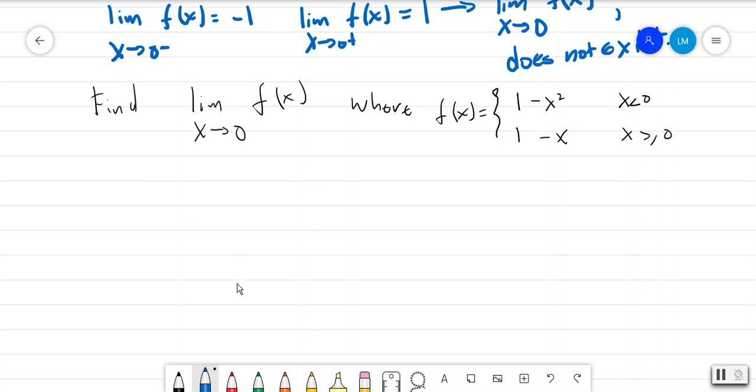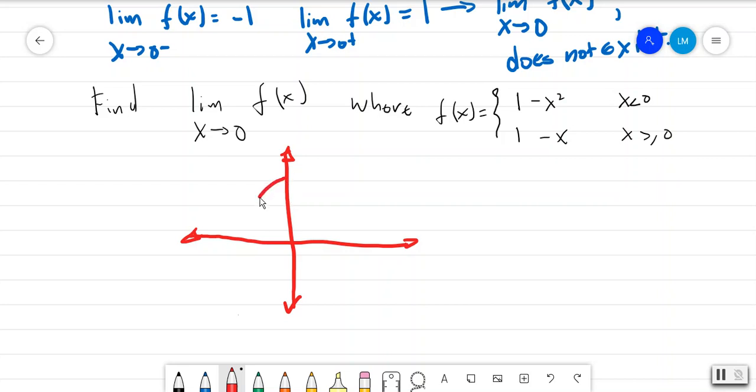Now, if I draw this in the x and y plane, you're going to notice that it basically has two different shapes. It's parabolic from negative infinity to 0, so you have something like this.